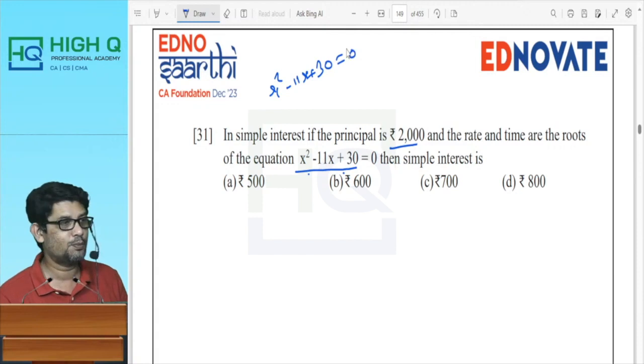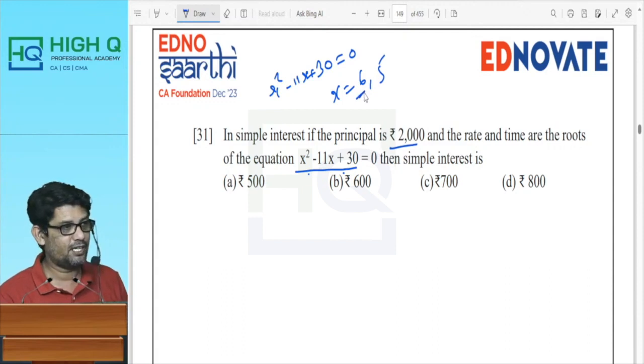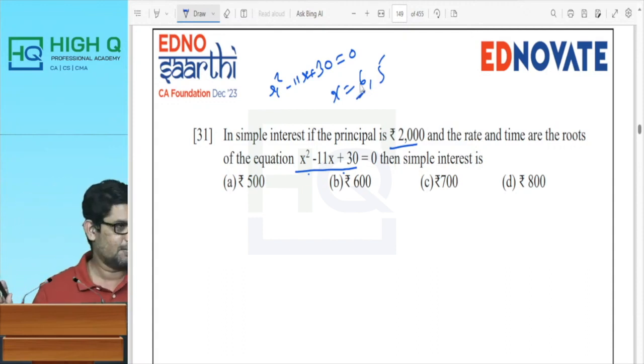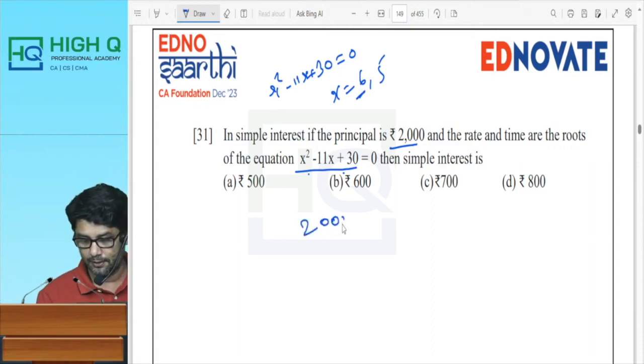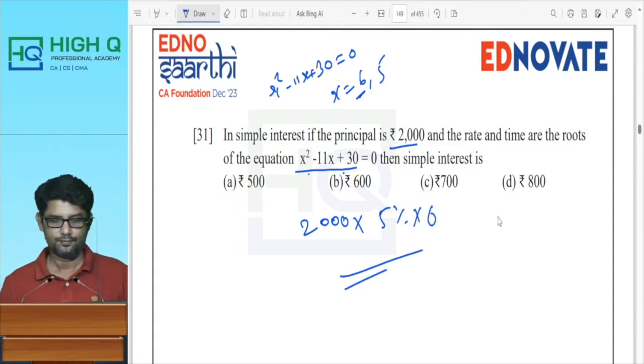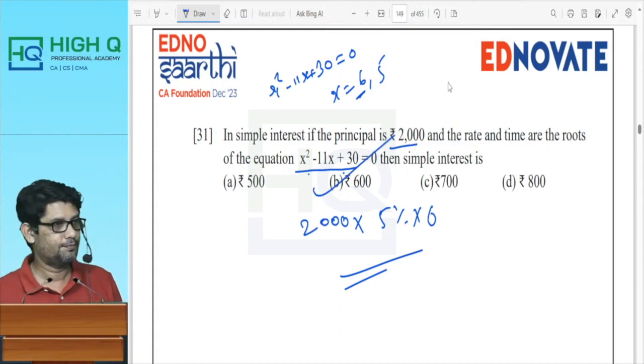What are the two roots, my dear? x is equal to 6, 5. Either 6 is rate of interest or 5 is rate of interest. Anything you can take. But they ask you to find simple interest, right? So 2000 into 5% into 6. Tell me what is the answer? 600.